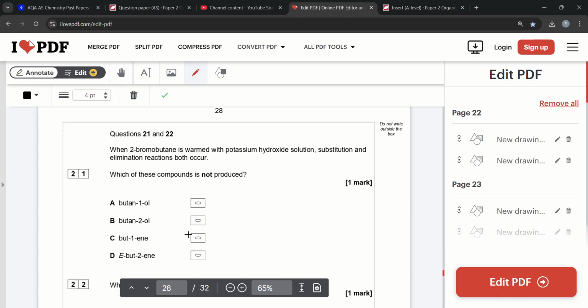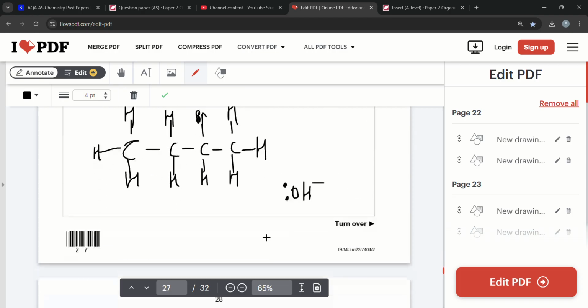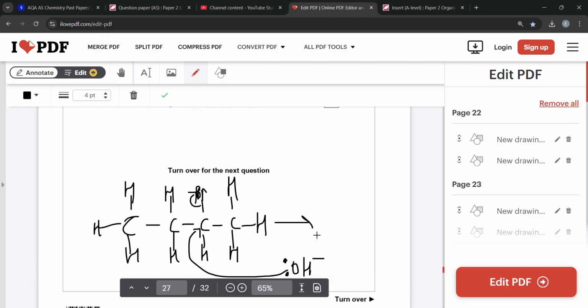Now let's go through the alcohols. OH minus attacks the partial plus carbon, the C-Br bond breaks, and what happens is we've just got an OH group here, or hydroxyl group.